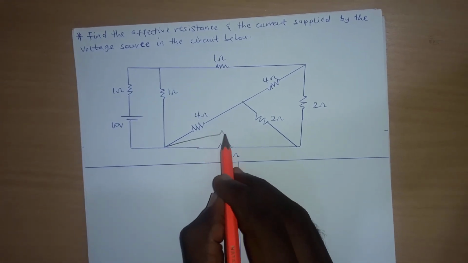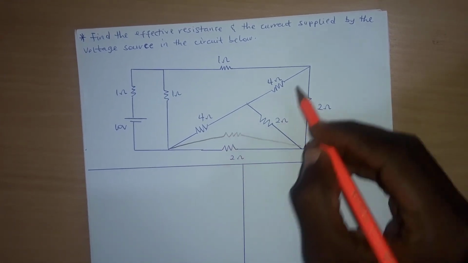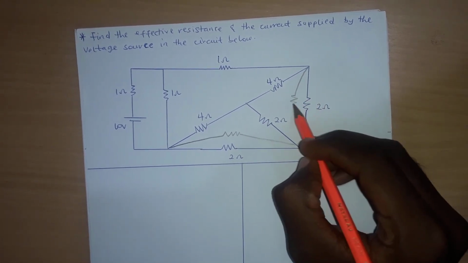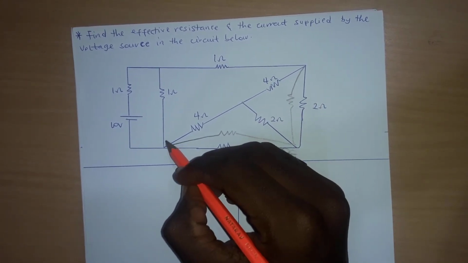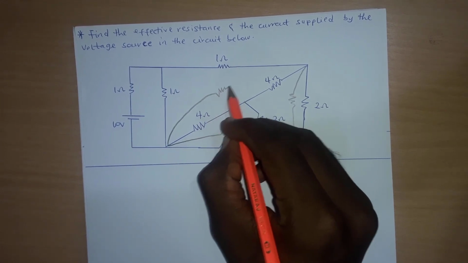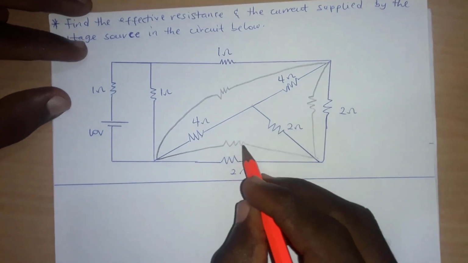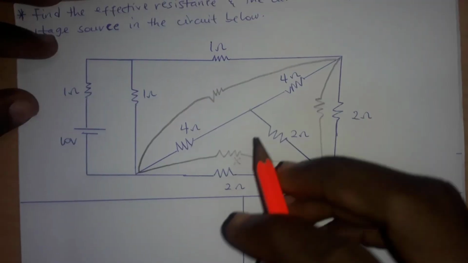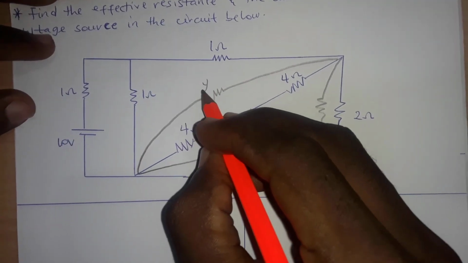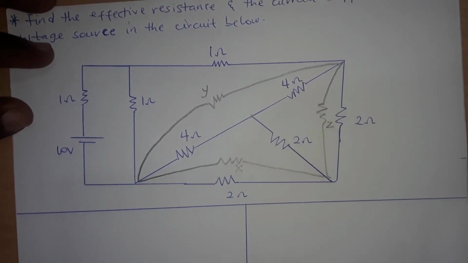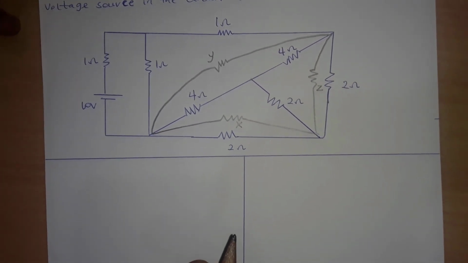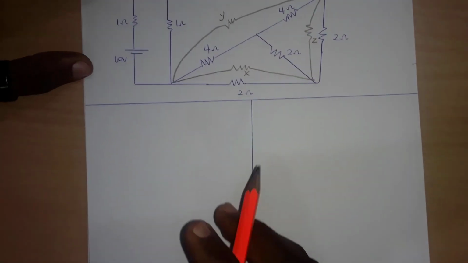We'll place this delta here like this, another delta here, there should be another delta here from what we learned. So let's say if this is X and this is Y and this is Z, in this case we are changing a star to a delta.